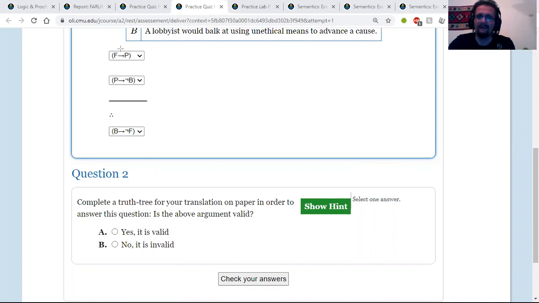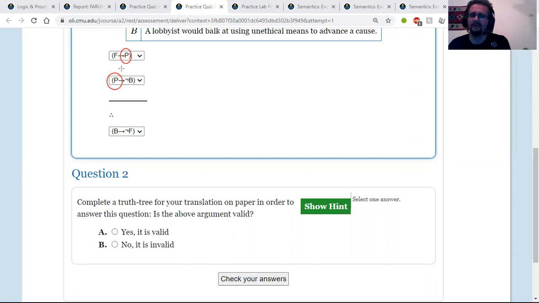So if F, then P, if P, then not B, right? So just like in math, or in chemistry, when you have the same term repeated as a numerator and a denominator, and you're multiplying out the function, you can just cross both of them out. And so this gives us something like, if F, then not B.